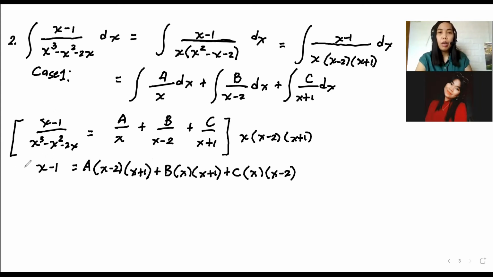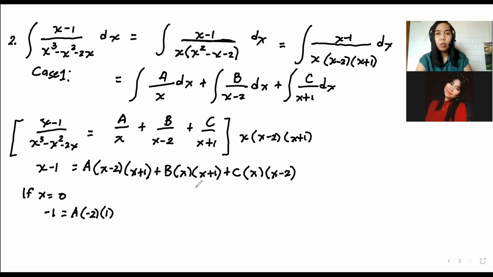So we'll find the values of A, B, and C. You're going to equate your factors to 0: x equals 0, x minus 2 equals 0, and x plus 1 equals 0. So if x is 0, we have 0 minus 1, it's negative 1, equals 0 minus 2, negative 2, times 0 plus 1, it's 1.